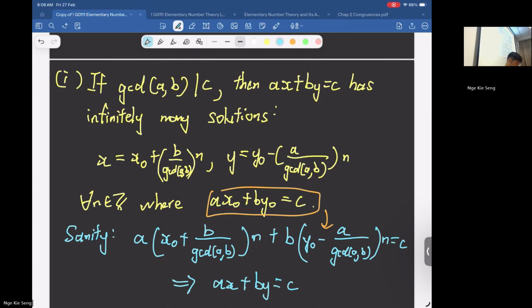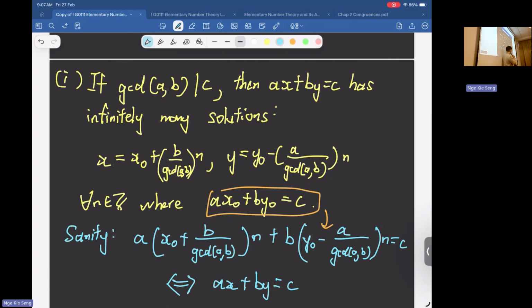Just to understand: it doesn't matter whether you put a minus here or a plus here, but the most important thing is that they have to alternate. They have to be different so that they can cancel out. Can you see that a multiplied by n and b multiplied by n give the same term, so plus ab n and minus ab n cancel out? In that way, this is true.